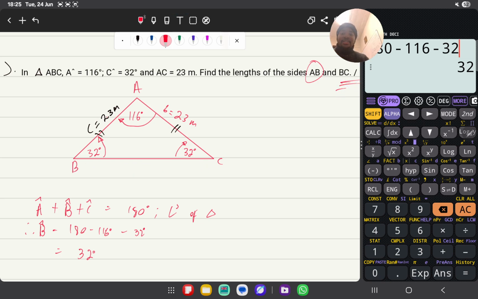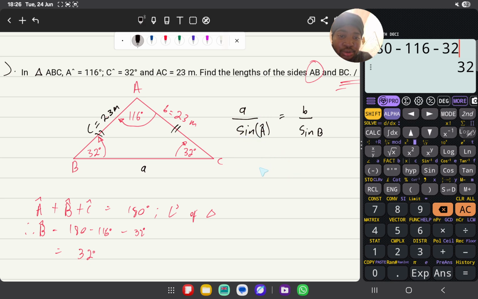This is BC, right? So to find BC, I'm going to say this is A, which is here. I'm going to say A over sine A equals B over sine B. You could actually even use C, but it's just easier this way, bro.